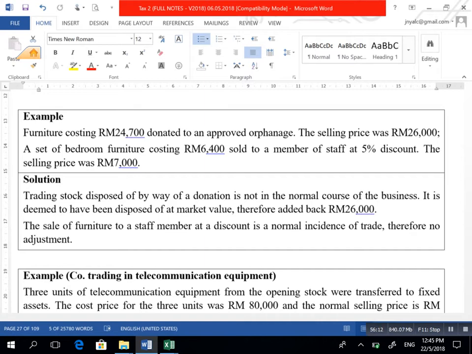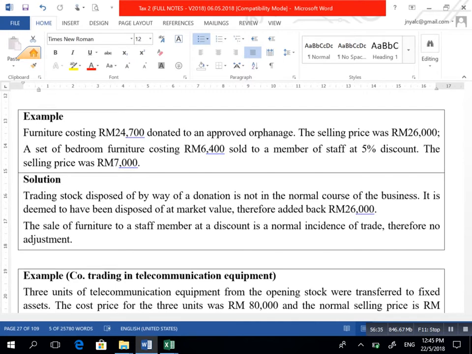Because, like just now, it is not in the normal course of business. Is it compulsory to take out the stock for your donation? No. But it's very normal to give a discount to your customer, even though that is a staff member. That's why that will be deductible. So no adjustment needed.